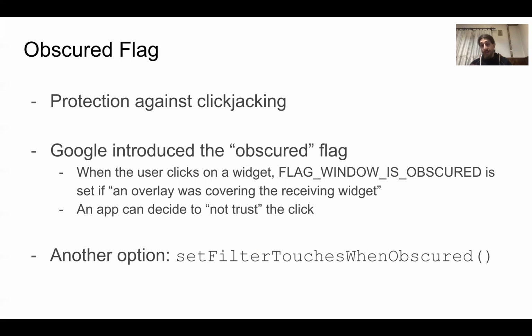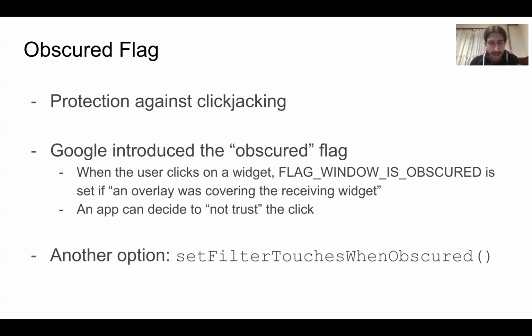Instead, under this attack, if there was something on top, the user clicks, the click reaches the OK button, but in the onClick event for this OK click, the FLAG_WINDOW_IS_OBSCURED would be set. And so the application could check and say, wait a second, the flag is set, something is weird, I'm not going to trust this click, and it rejects the click.